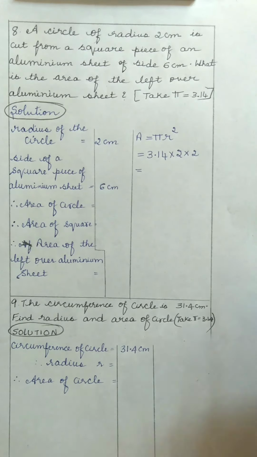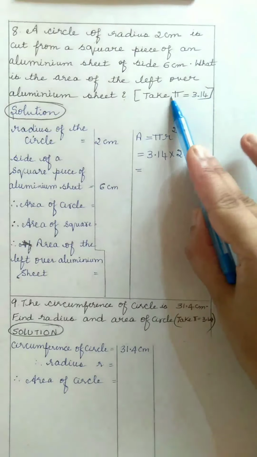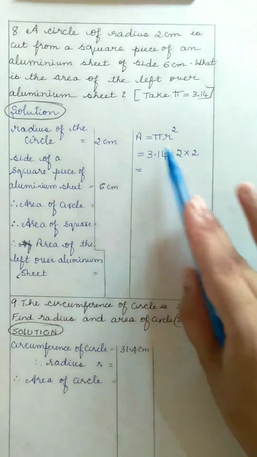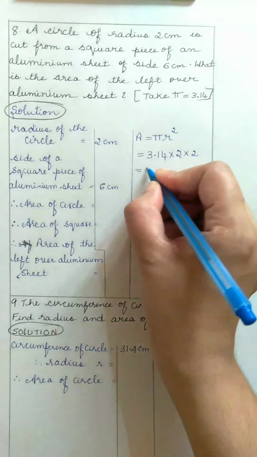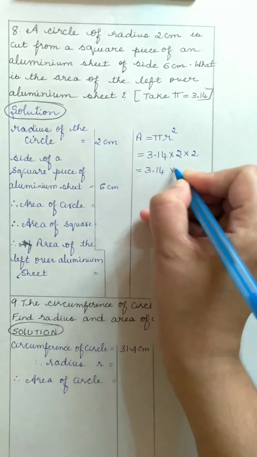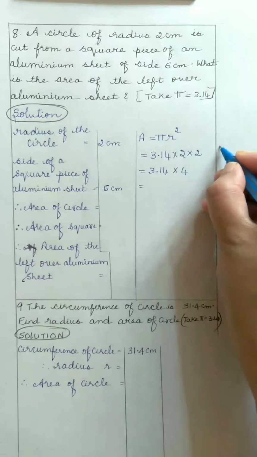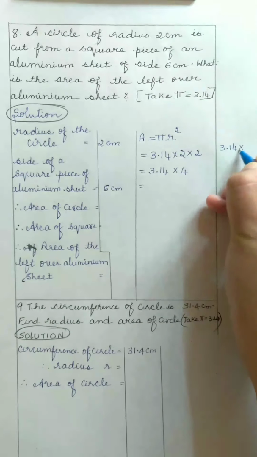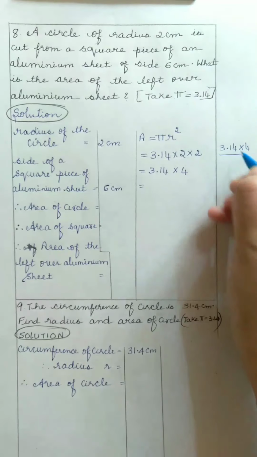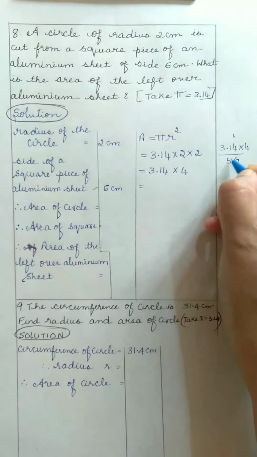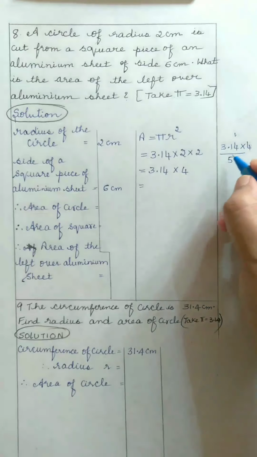area equals pi r square. Pi is already given as 3.14, into radius 2 into 2. Therefore, 3.14 into 2 twos are 4. On multiplying 3.14 into 4: 4 fours are 16, 1 is remaining; 4 ones are 4, 4 plus 1 is 5; 4 threes are 12.